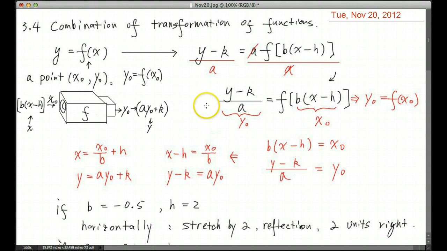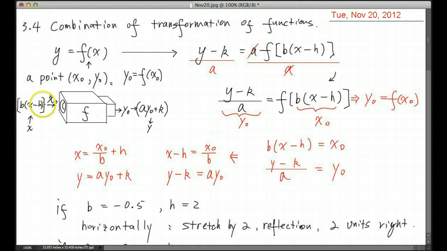So the function works really like a machine. If this is the function f representing a machine, then according to the original definition, if you feed the machine with x0 as the input, it should produce y0 as the output. And how the transformation works is you can think about it this way. This time I feed it with x, and I want to make the bracket produce x0, because that's what gets fed into the original function.